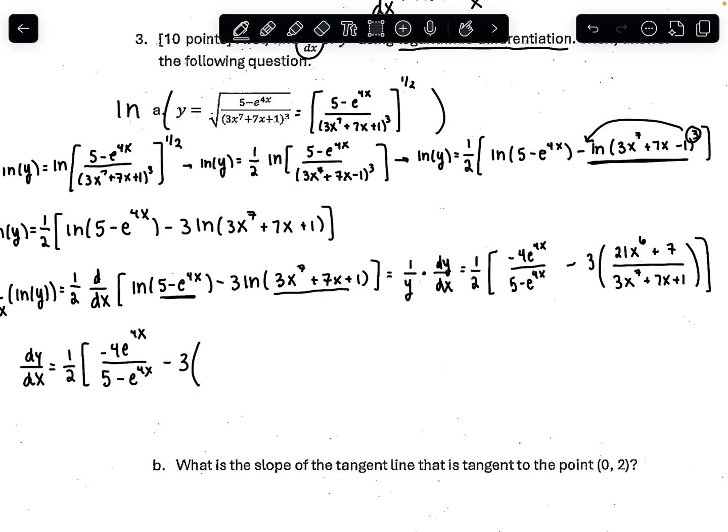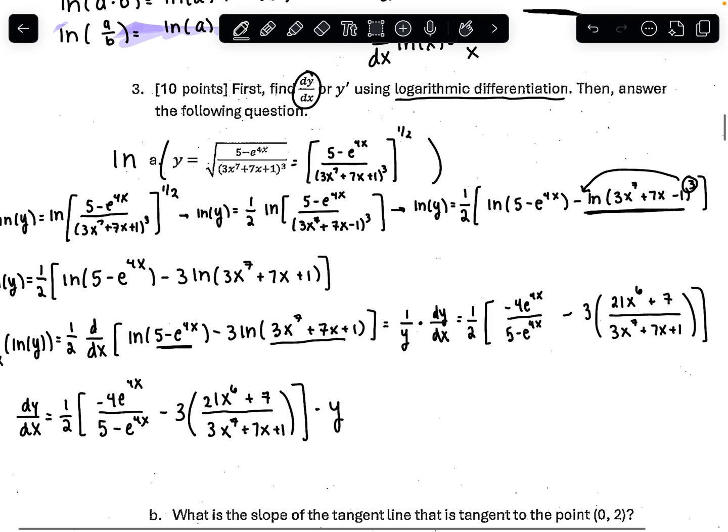I'm just going to leave this 3 out here because I don't care about it. Times y.